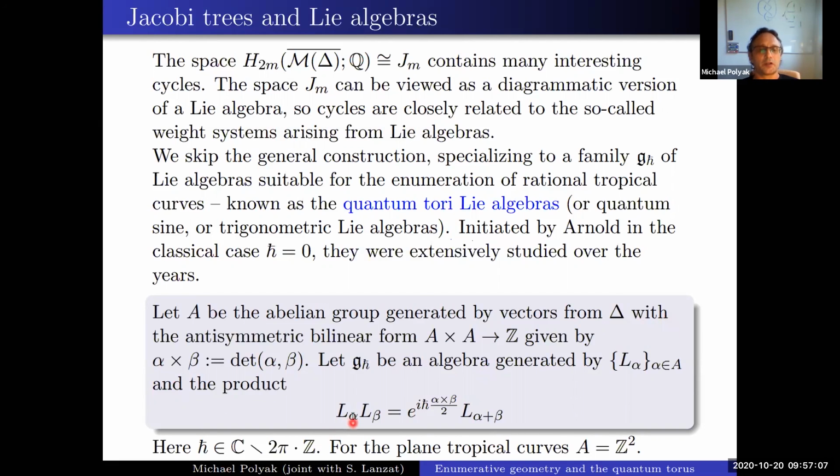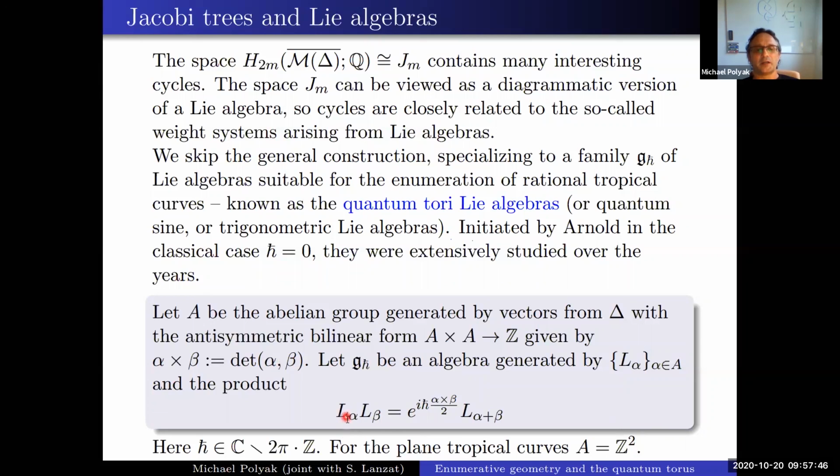You fix an abelian group, the lattice generated by the vectors from the set of your vectors on legs. Before that it was the standard Z squared lattice. And you look at the bilinear form, which is antisymmetric, which is just the cross product, the determinant of these two vectors.